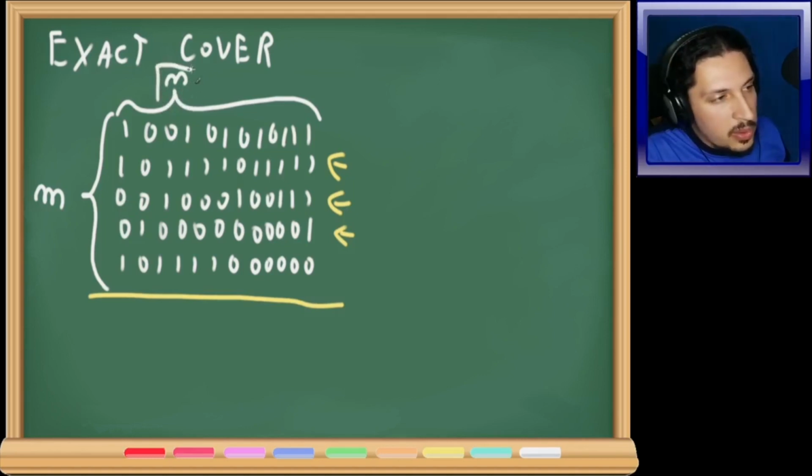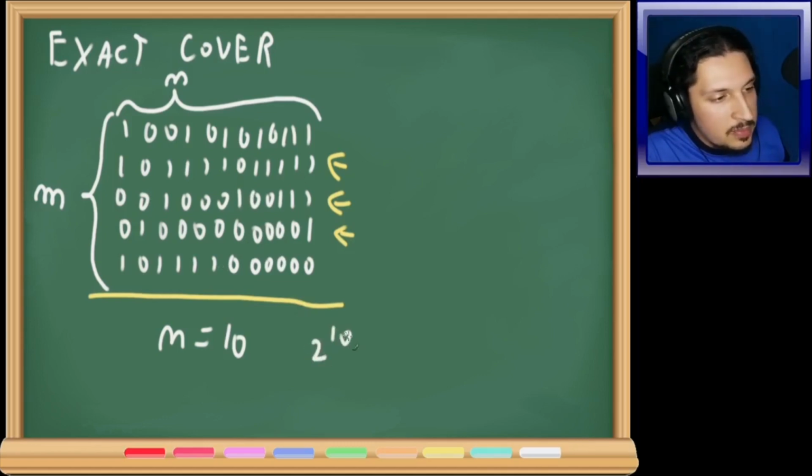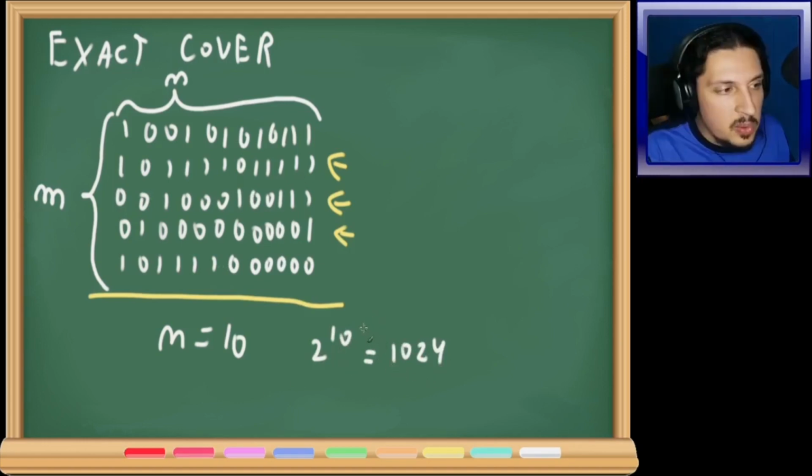But in case you know that n is small, for example, if n was equal to 10, then that means there are very few possible values for the sets. In particular, there are only 2 to the power of 10, which is around 1000 possible sets. And so you can solve it very similarly to the subset sum problem.